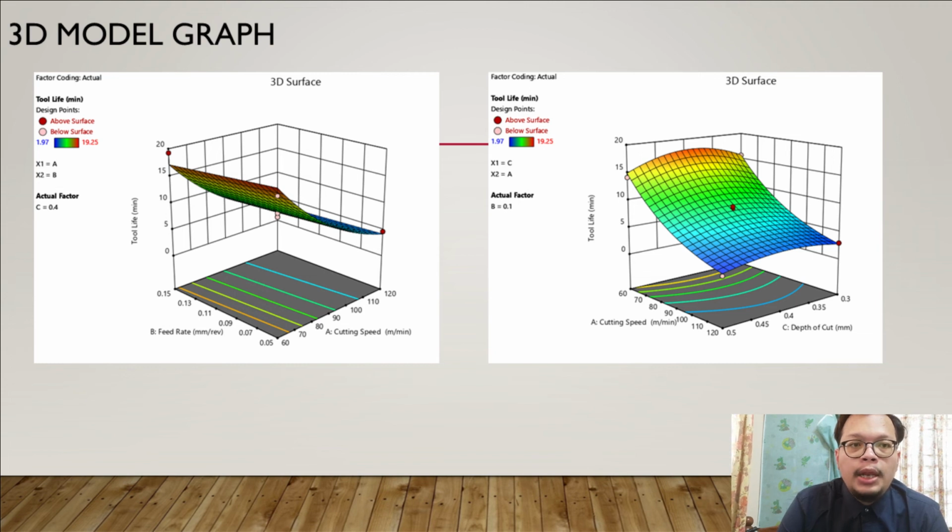From the cutting speed and feed rate graph, when the minimum cutting speed is associated with the minimum feed rate, the tool life value will increase. A similar trend can also be found in the influence of depth of cut and cutting speed on the tool life of the coated carbide tool 3D model graph. It shows that tool life improves as the depth of cut and cutting speed are reduced.